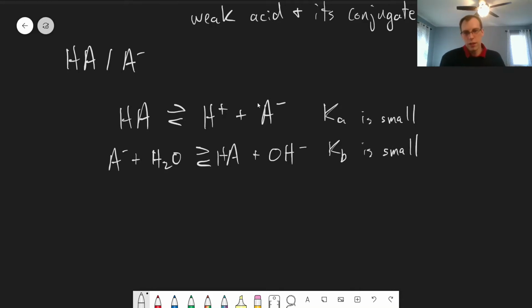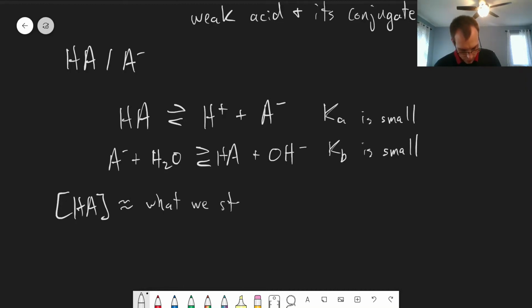And if we are producing H plus or A-, that's going to push the reactions back, so not a lot is going to happen here. So when we mix together a solution of HA and A-, our concentration of HA will be about equal to what we start with, and same thing for the concentration of A-.